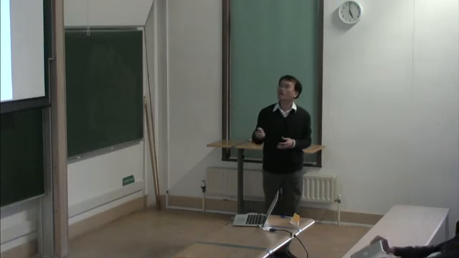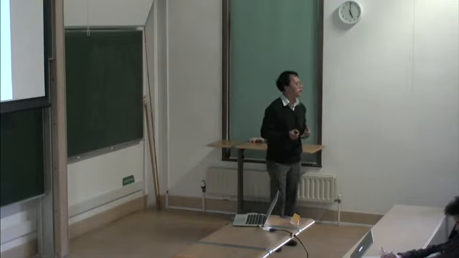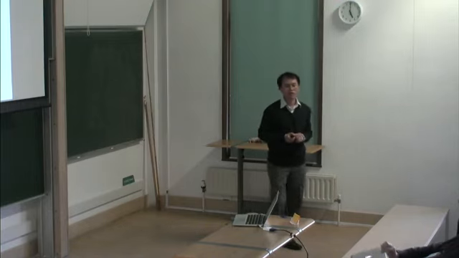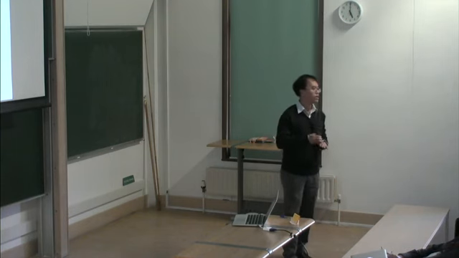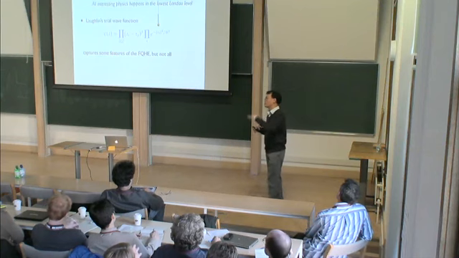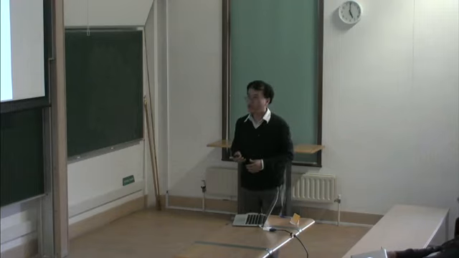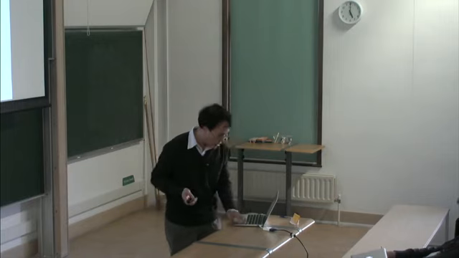In this talk, I will tell you that there is some important information that goes beyond the ground state wave function. Of course, we know that the ground state wave function does not contain all the information about the system. We need to know the excited states of the system in order to, for example, compute the transport.